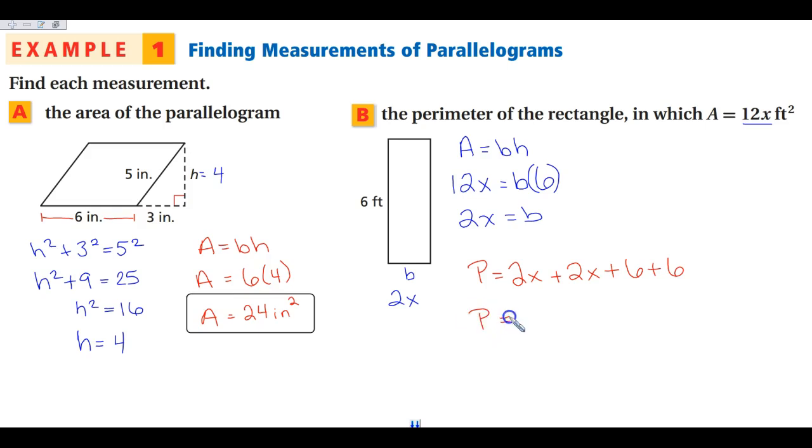So my perimeter is 2x plus 2x, which is 4x, and 6 plus 6, which is 12. Because I don't know x, I cannot combine this any further. And remember that perimeter's unit is in feet, not feet squared. Area, your units are squared. Perimeter or any side lengths, your units are just your basic units without the square.